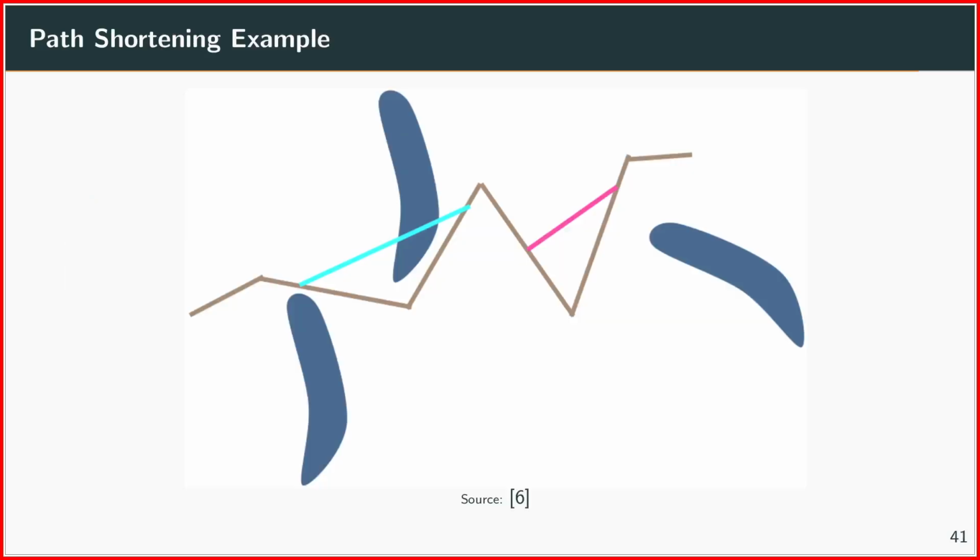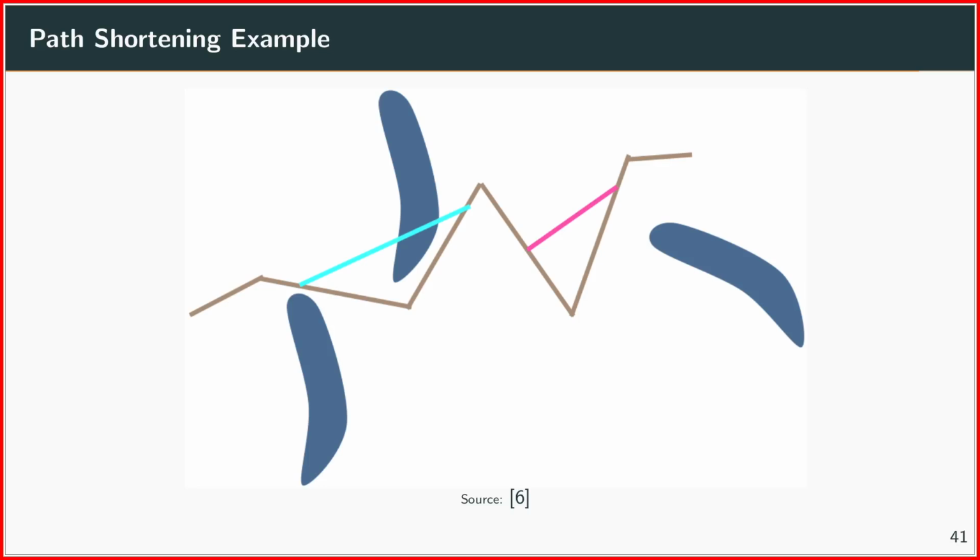And in practice, you do a bit more sophisticated way of doing this. So instead of just choosing the vertices, you take the whole path, and the whole path could be like the zigzag motion here. And then you pick 2 points on the path, for example, here and here, and you check if the edge between those points is actually in your valid workspace.